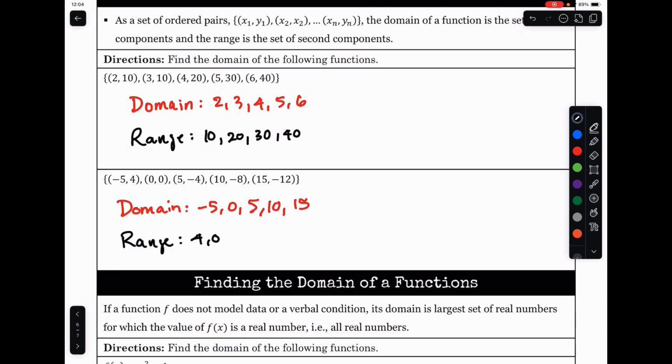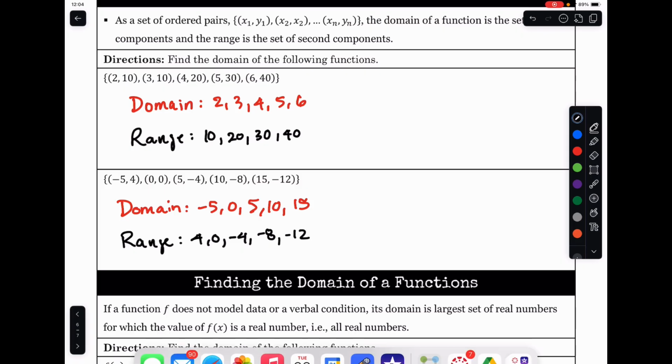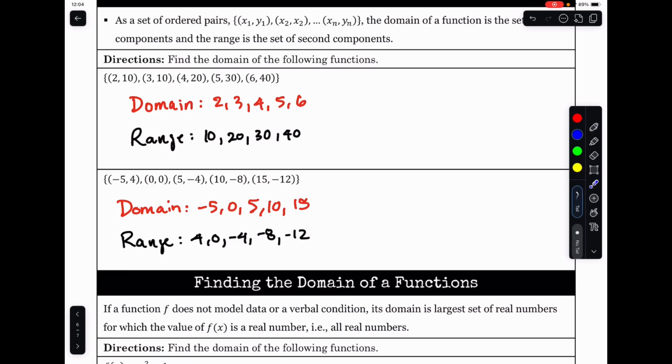So 4, 0, -4, -8, and -12. Now your list does not have to be in any order, from greatest to least, or least to greatest. As long as you have your list there and you account for every number, with the exception of repetition, you don't have to write numbers that are repeating, like in the first example, more than once.